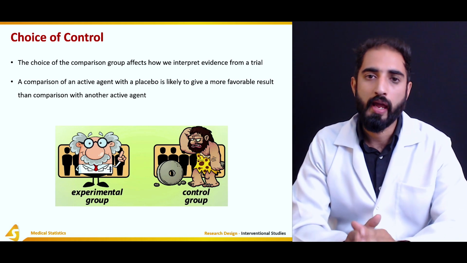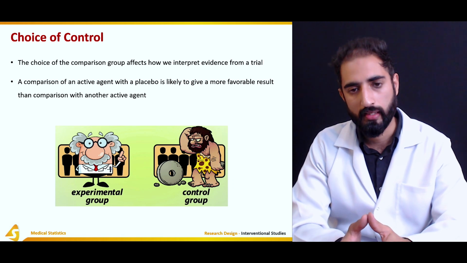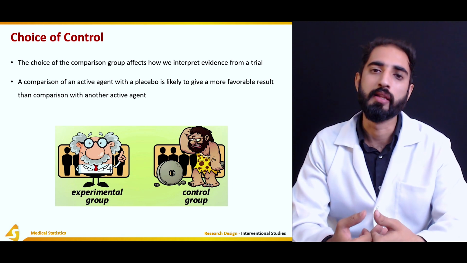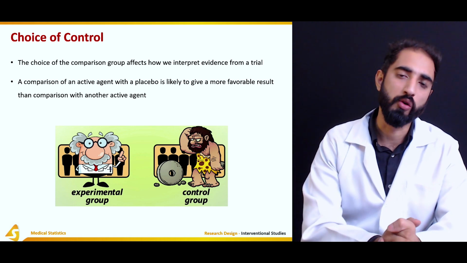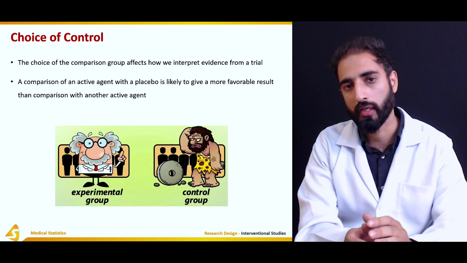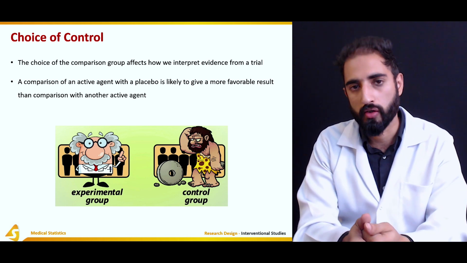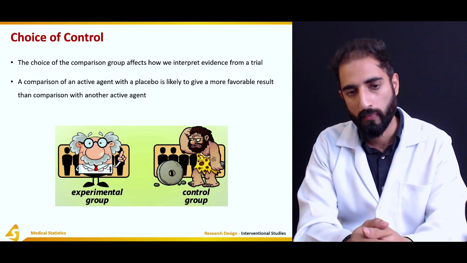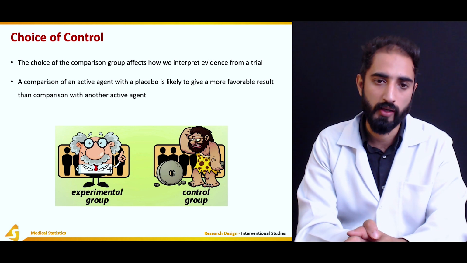So if there's a new treatment that I'm working on and I want to find the effectiveness of it, what should be the choice of control, which means what would be the control group. A control group is the group for reference that you compare the new intervention or the experimental group to. So the choice of the comparison group affects how we interpret evidence from a trial.